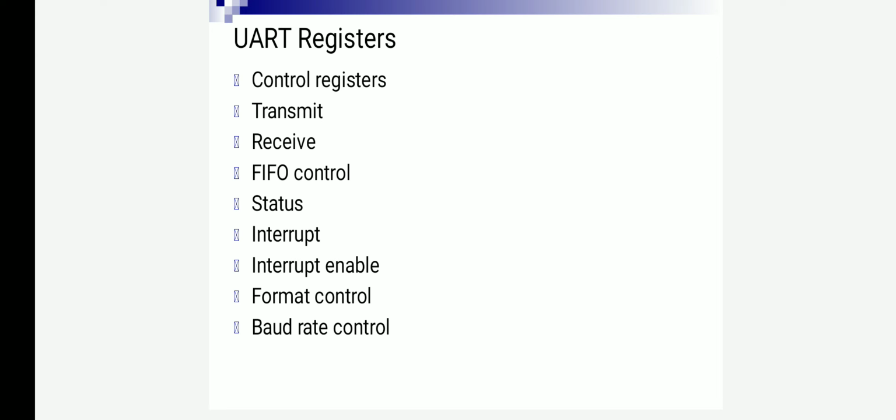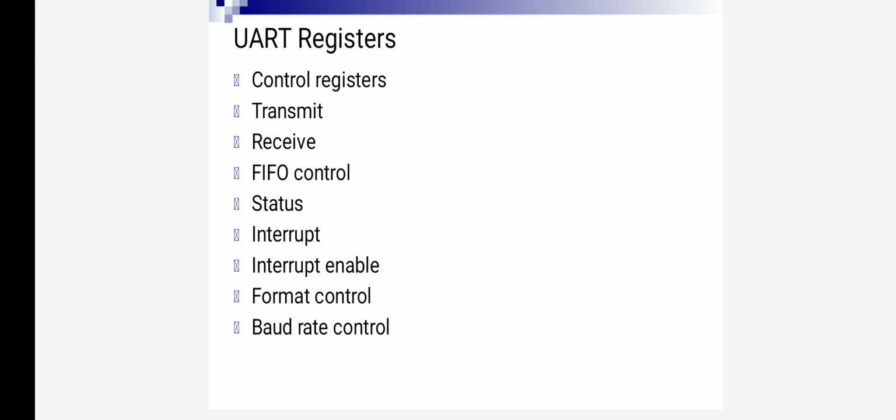The status register shows the status of the data bits. Interrupt and interrupt enable registers are used for the interrupt purpose in the UART protocol. Whenever an external interrupt is initiated, these registers are used to store the information regarding the incoming interrupt.